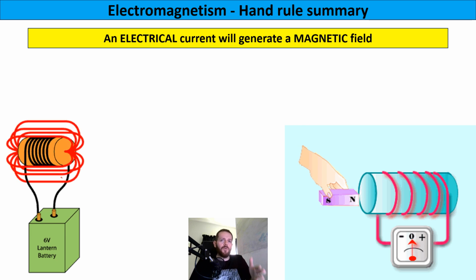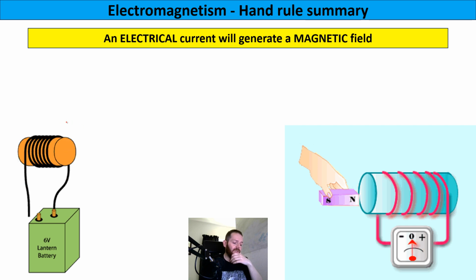So whilst there's a current passing through a wire, it generates a magnetic field. When it's not connected, there's no magnetic field. When it is connected, there is a magnetic field, and it looks a bit like a bar magnet. It's generated from one end, goes all the way around, and goes back in at the other end. That is an electrical current generating a magnetic field.